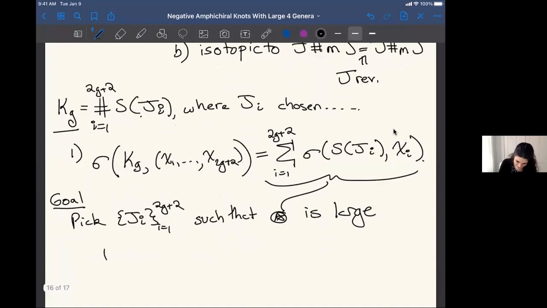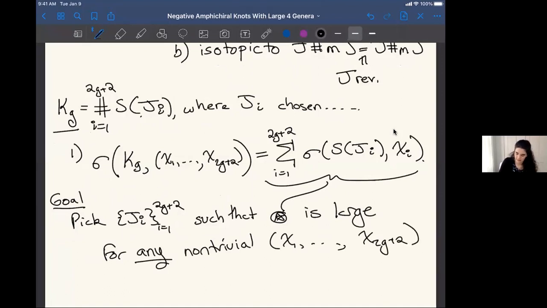And here, I don't get to assume that all of them are non-trivial. The non-triviality of this tuple means that at least one of them is non-trivial.